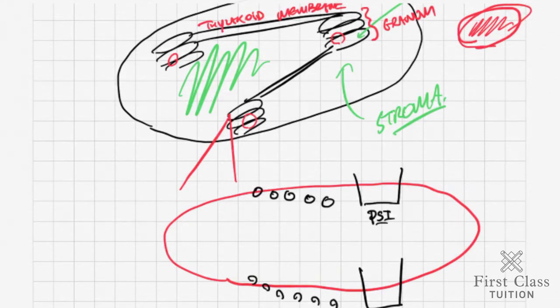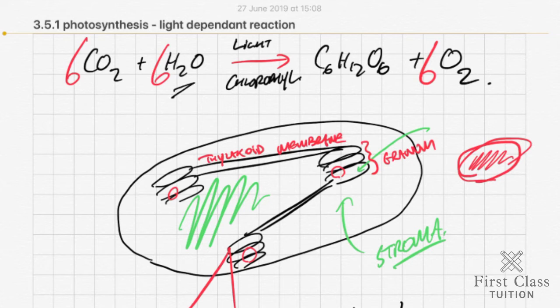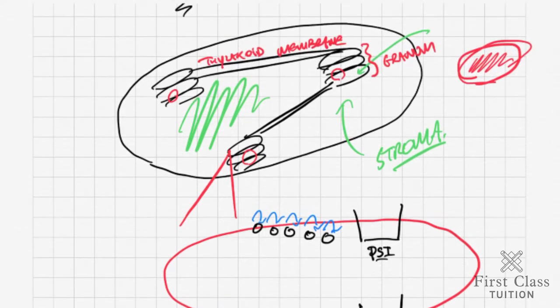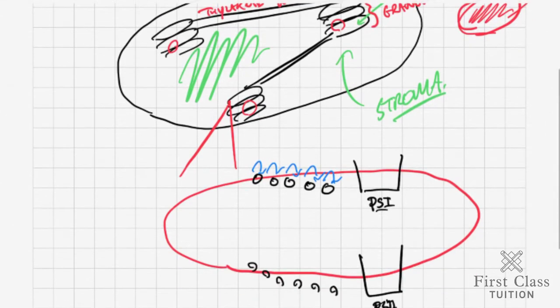So what basically happens is, we start off with the water. The water is struck by light. That splits into electrons and protons, as we're going to see, and the electrons are carried down these transport proteins on the thylakoid membrane within the granum, and as that moves, it generates ATP. Then those electrons are carried from one photosystem to another.